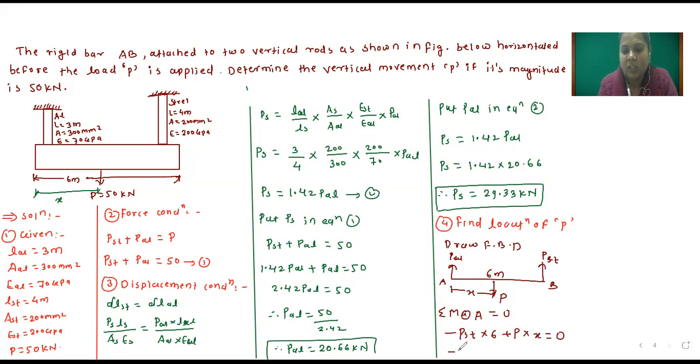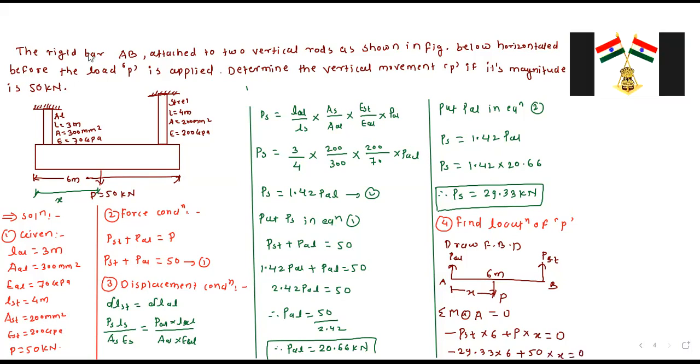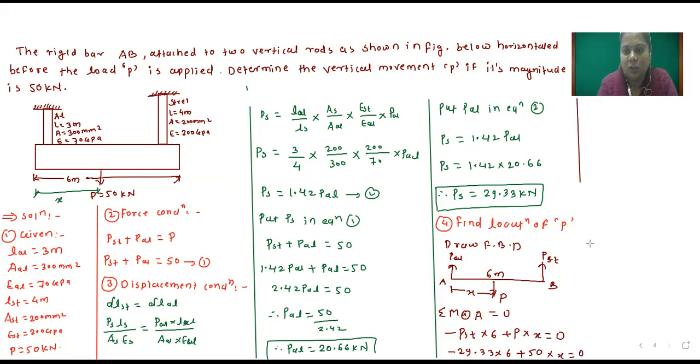P steel is 29.33 into 6, plus P. Total P is given as 50. So 50 into the perpendicular distance X, which is equal to 0.